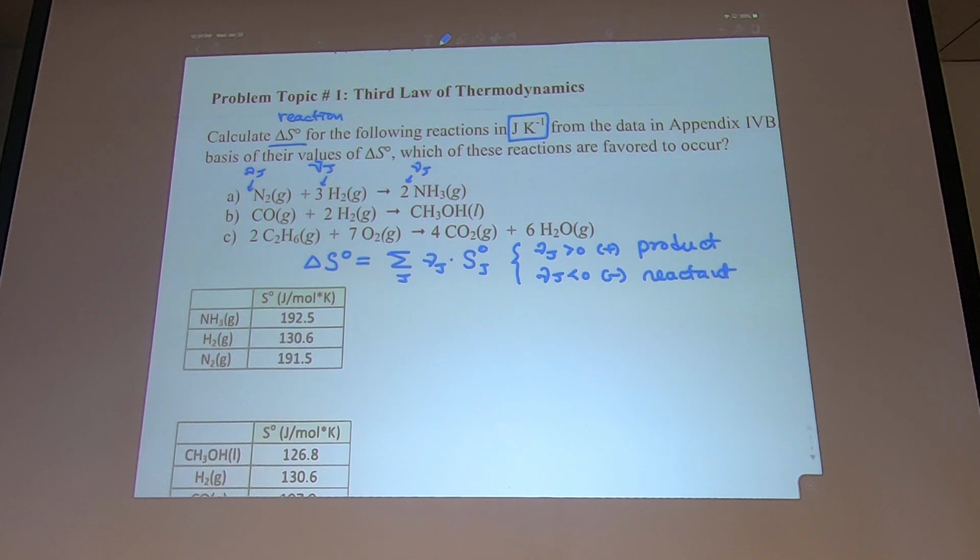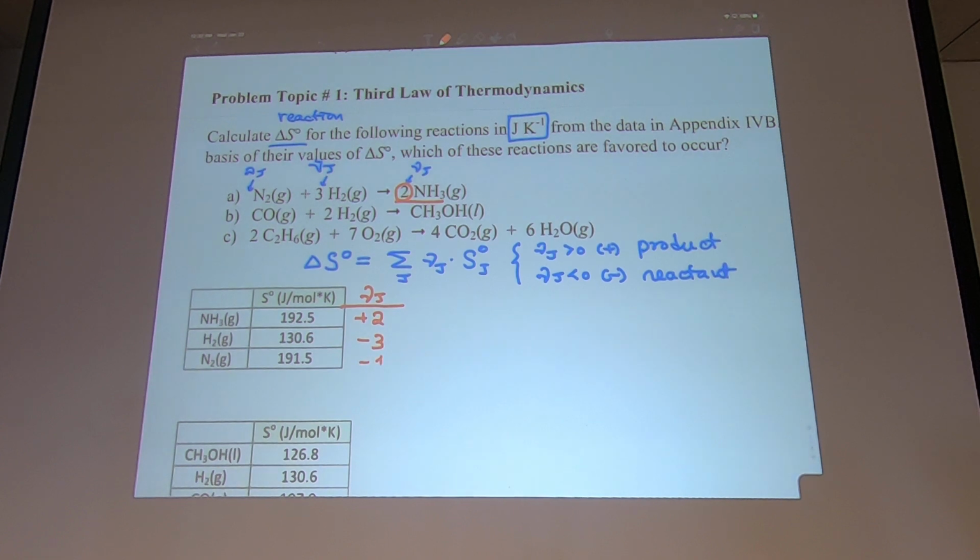So once you have a table, all you gotta do is, okay, I have this table. I'm gonna write mu J on the side, and for NH3, that's a 2, a plus 2. Okay. And what about the hydrogen? That's a reactant, so there should be minus 3.